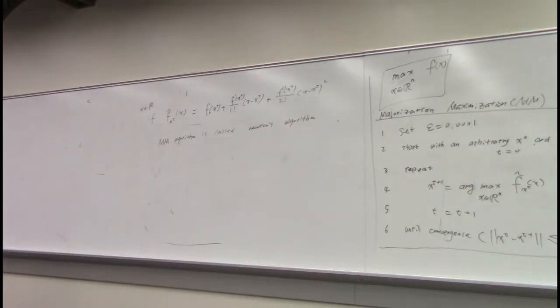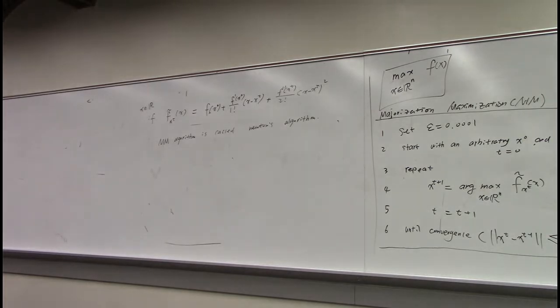If you go to any optimization book, the first two algorithms introduced are, as always, first gradient descent, and second Newton's method. Gradient descent is an algorithm based on the gradient, the first order derivative. Newton's method is an algorithm based on the second order derivative.